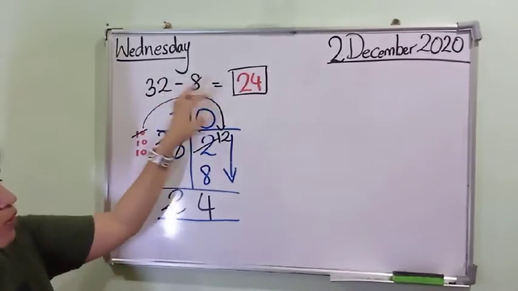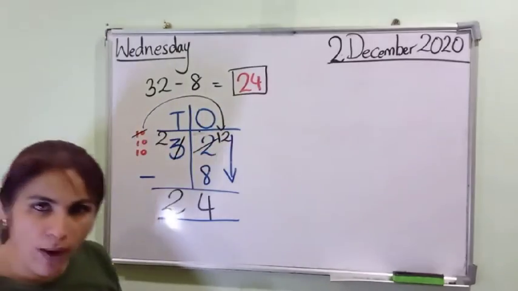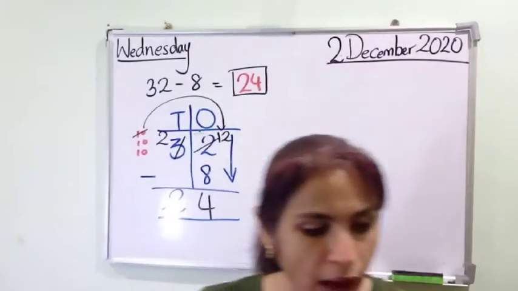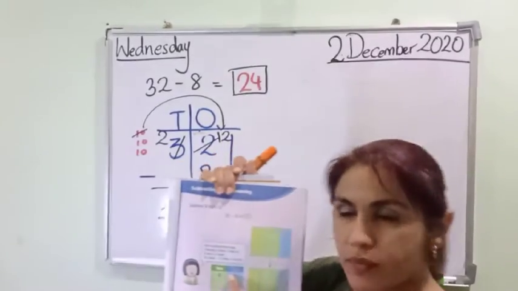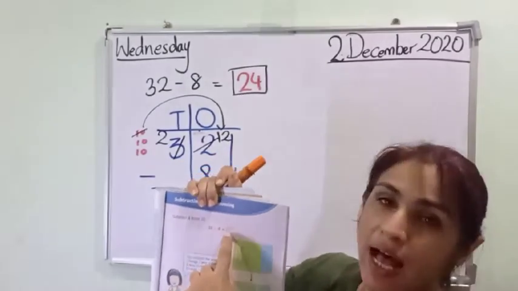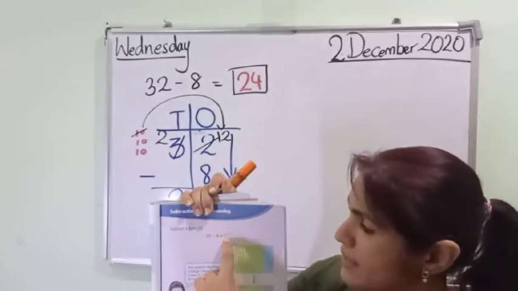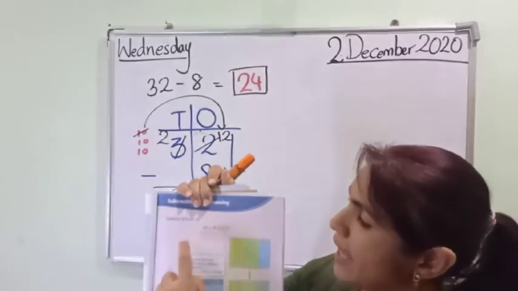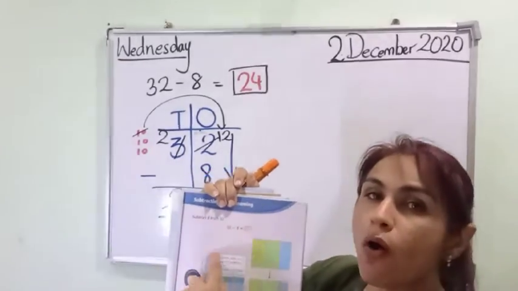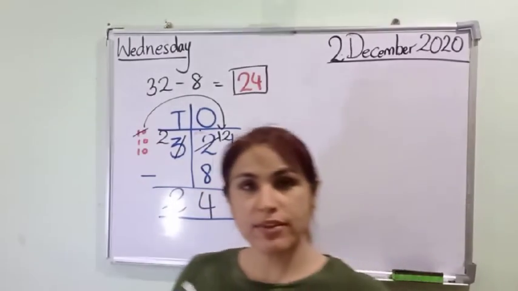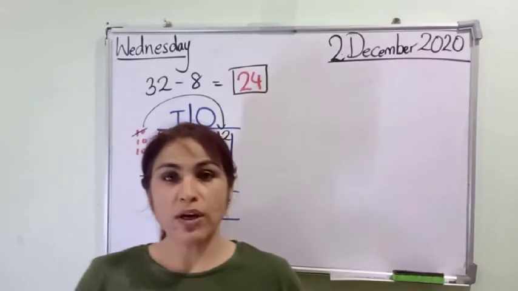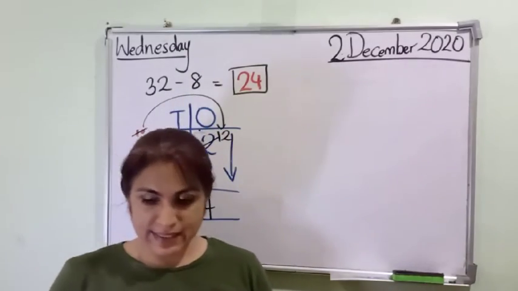You borrow and you make it 12. Okay, so this is how your page number 45 has to be done. You just need to write here the answer 24, that is after you do mental maths, and then here you need to draw the table. I will share the reference key. Okay, then you copy exactly the same thing.